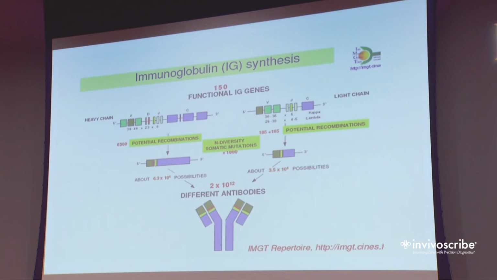Because we have a very, very vast array of rearrangement potential in our immunoglobulins and our T-cell receptor genes, we can create up to 2 by 10 to the 12 different immunoglobulin molecules. So when you're looking for a clonal population, the chance of something else having exactly the same clonal population would be very, very rare.